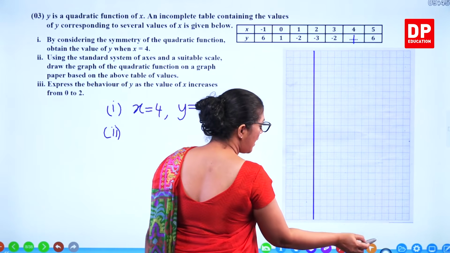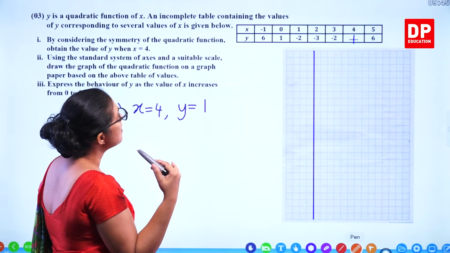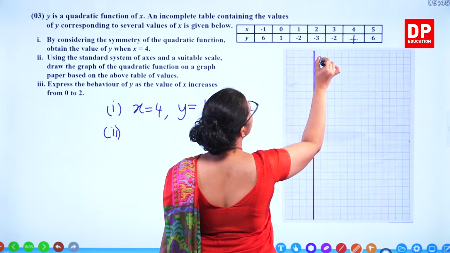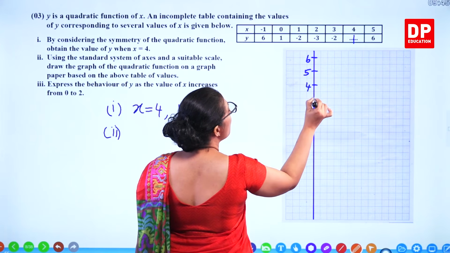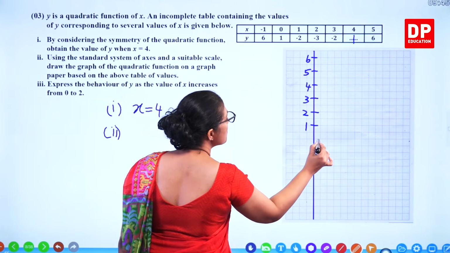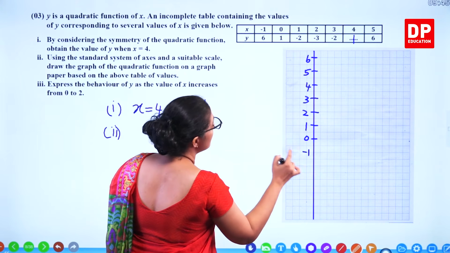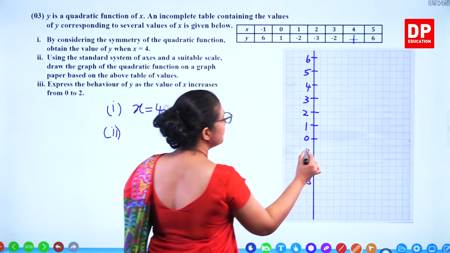And now we can adjust the y value. 6 is the maximum, so we'll start from 6 here. 6, 5, 4, 3, 2, 1 and this becomes 0, -1, -2, -3. Up to -3 you need.